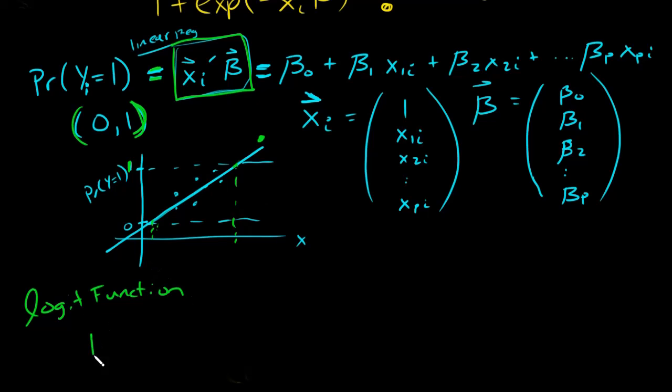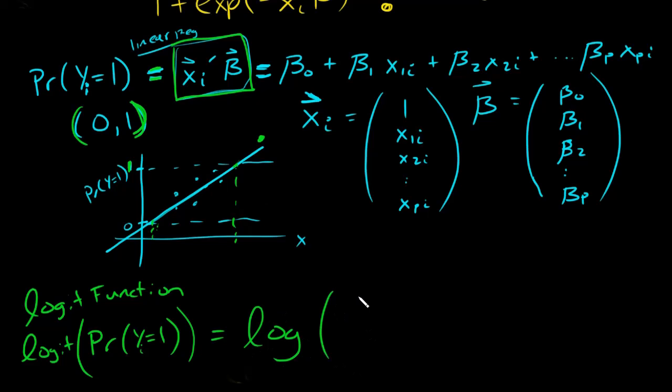What is the logit function? The logit of the probability that yi equals 1 equals the log of the probability that yi equals 1 divided by the probability that yi equals 0.